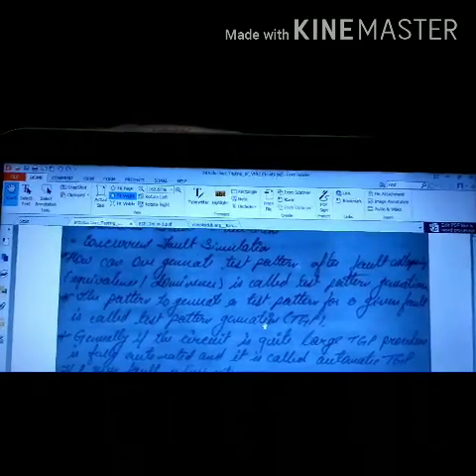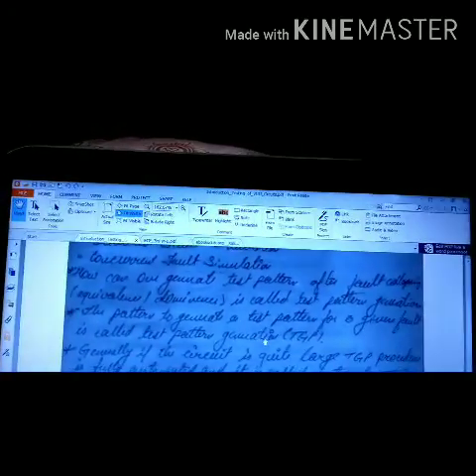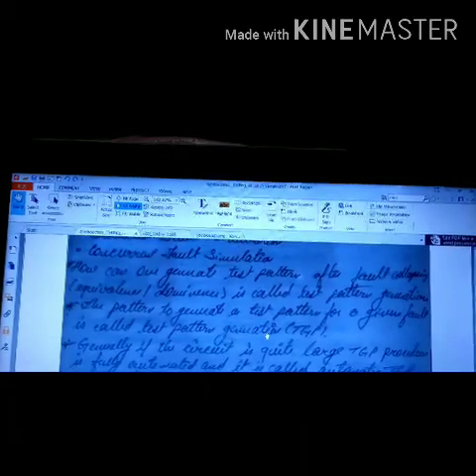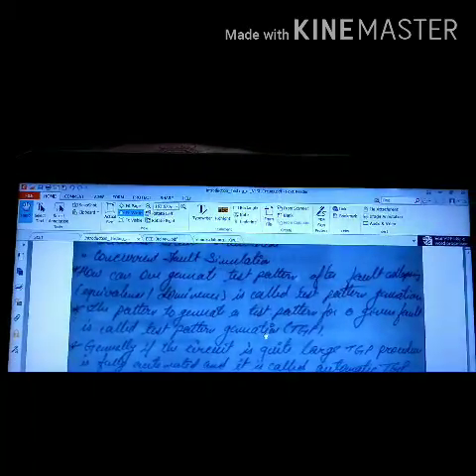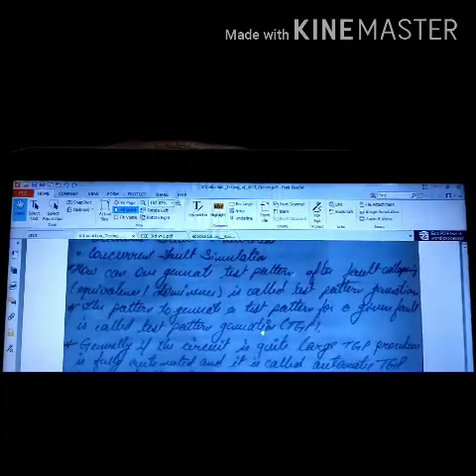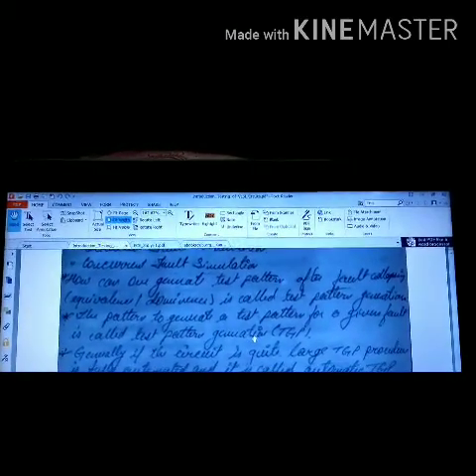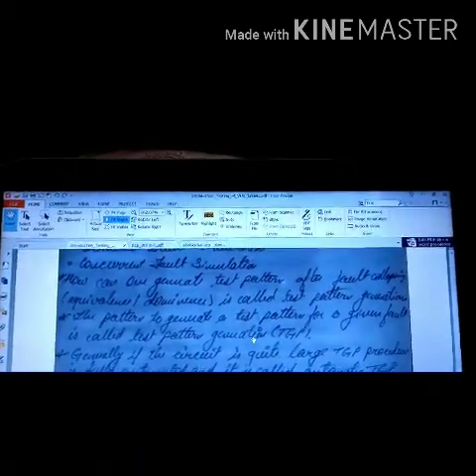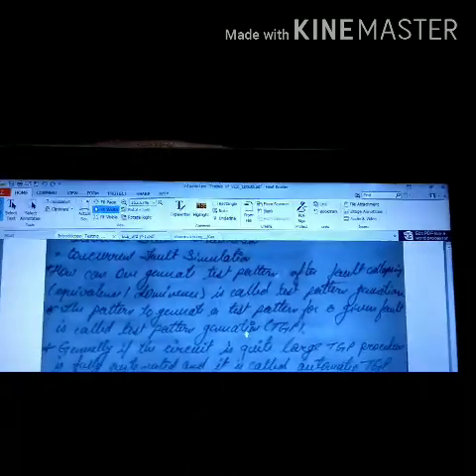The device which generates the test pattern is known as the test pattern generator, TPG. Generally if a circuit is quite large, these machines are fully automated, their procedure is completely automated, and it is known as automatic test pattern generator.